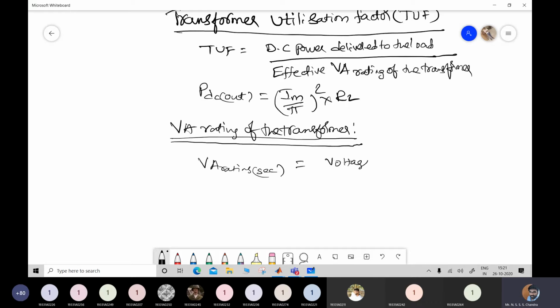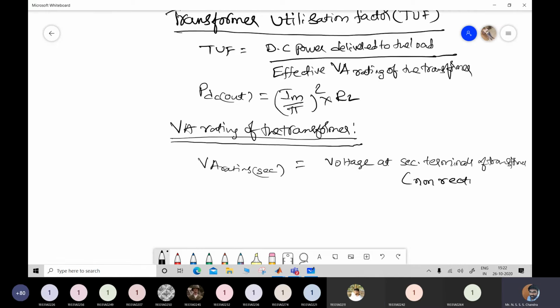the voltage at the secondary terminals of the transformer. Is it the rectified voltage or the non-rectified voltage? Non-rectified, right?